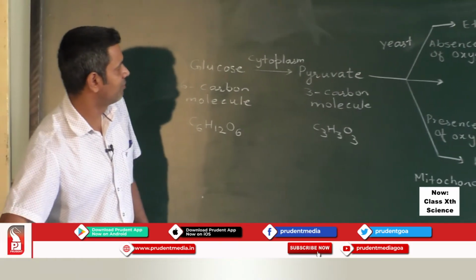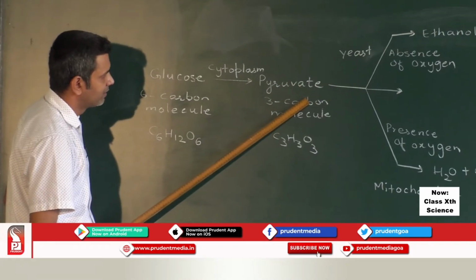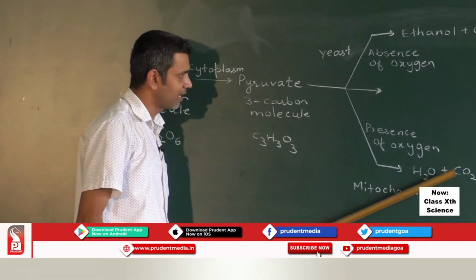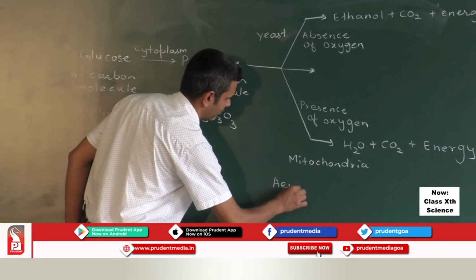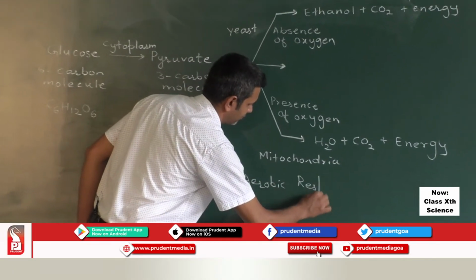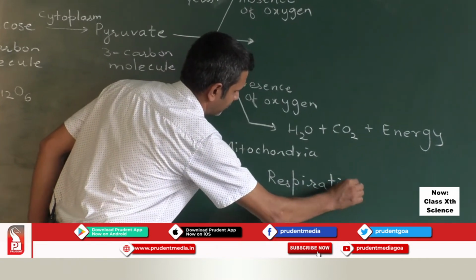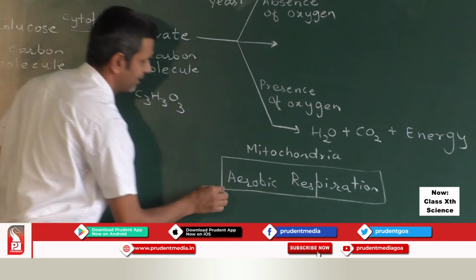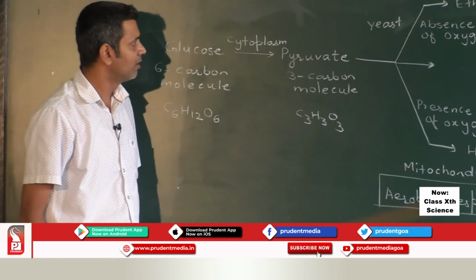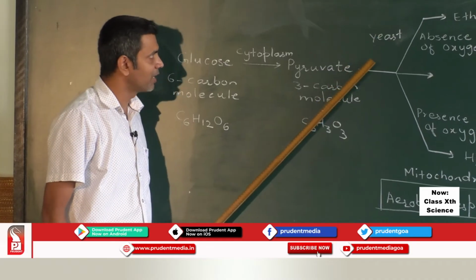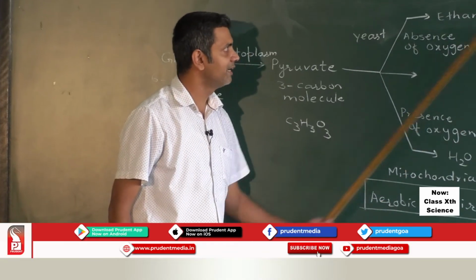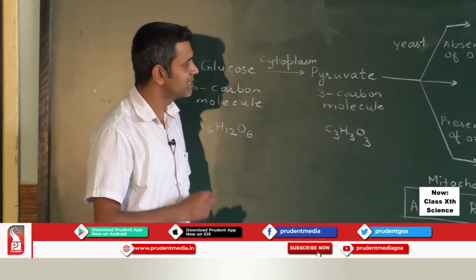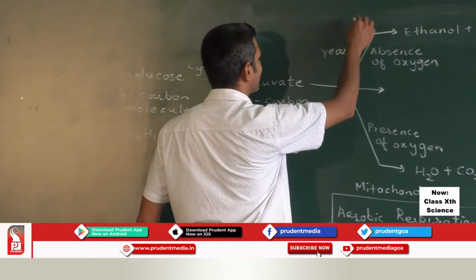The conversion of pyruvate into water, carbon dioxide and release of energy in the presence of oxygen, we call aerobic respiration. So aerobic respiration takes place in the presence of oxygen, and the conversion of pyruvate into ethanol, carbon dioxide and energy in the absence of oxygen, we call anaerobic respiration.